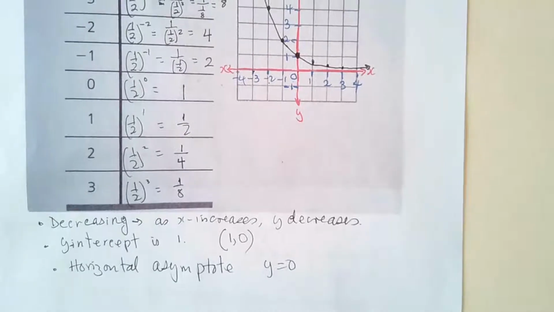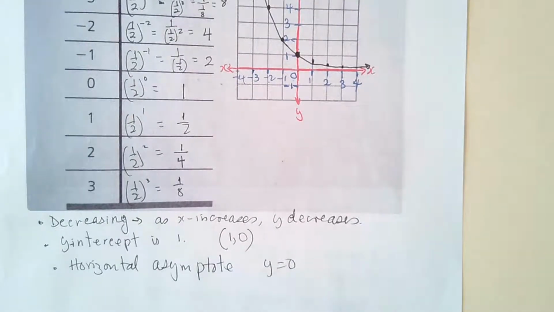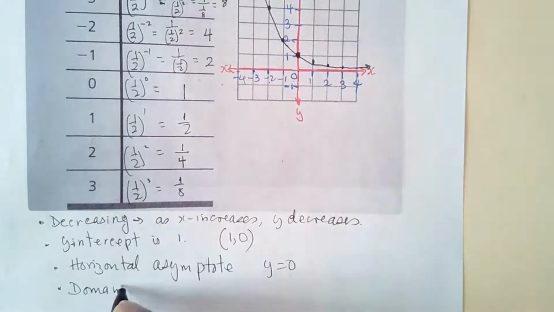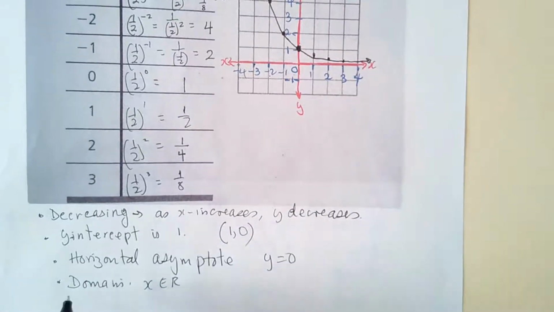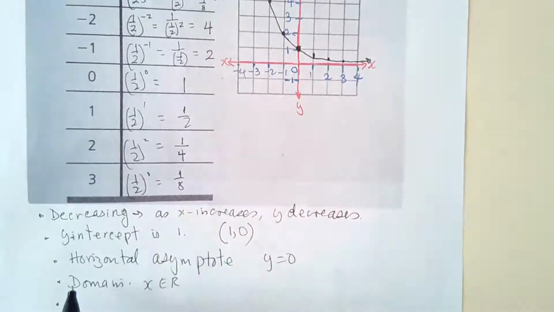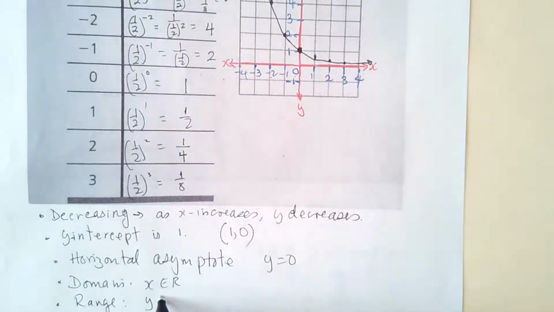And notice it's similar to the previous exponential function, the increasing one. The domain: x is a set of real numbers, and the range, since we have a horizontal asymptote, y is greater than 0.